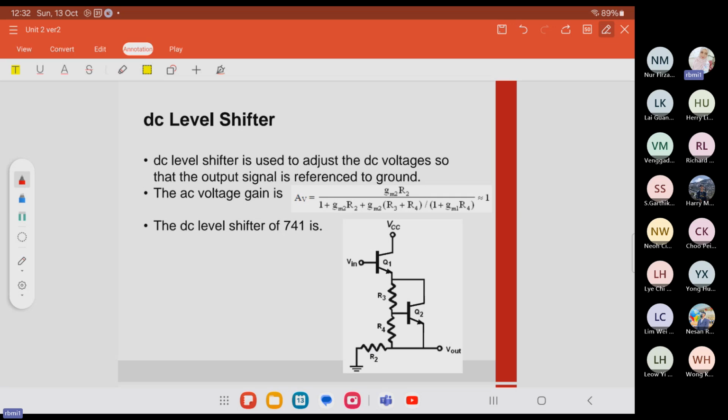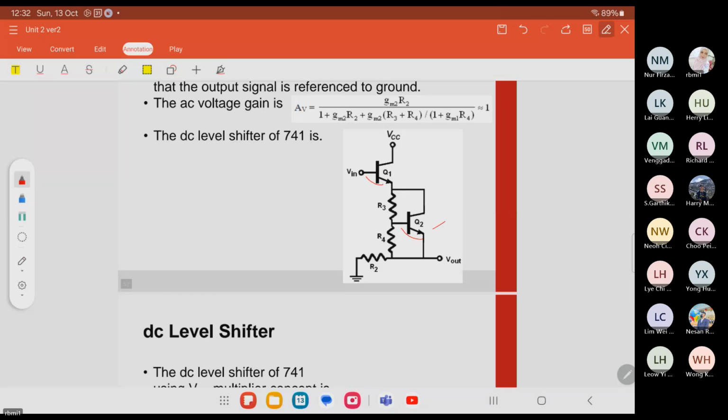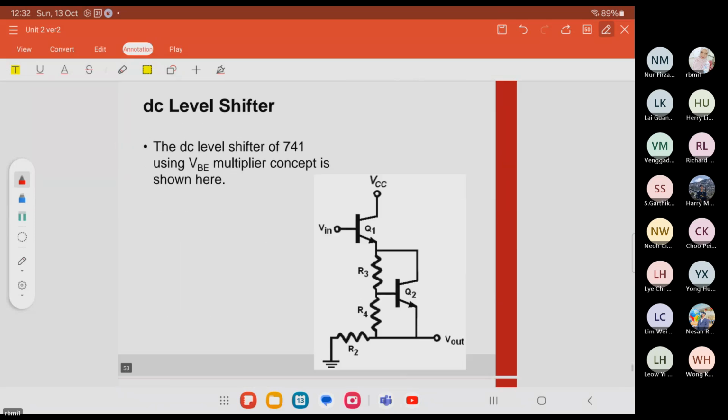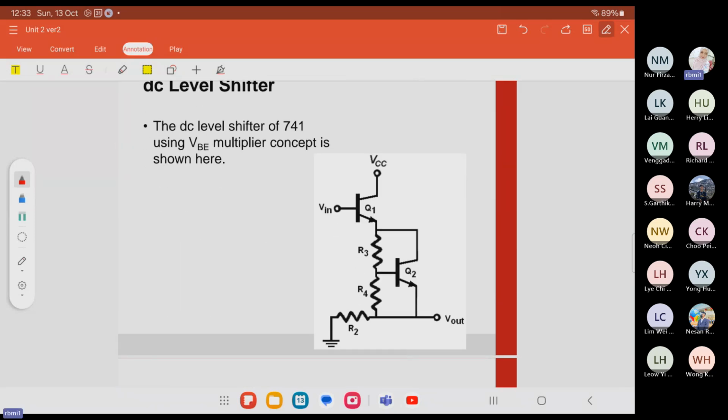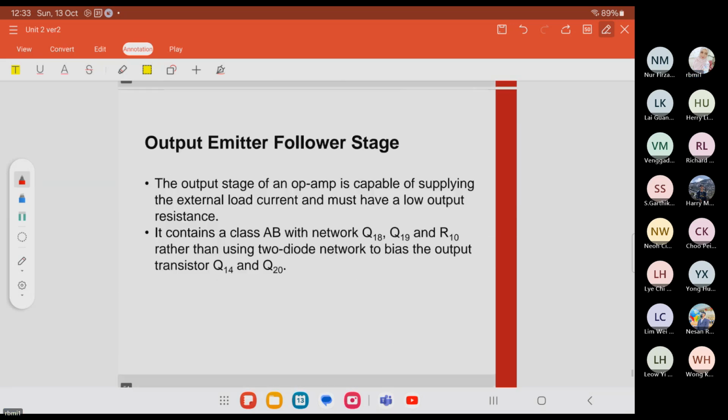The DC level shifter utilizes the VBE multiplier, with Q1 and Q2 and the VBE here. This is the VBE multiplier concept, the same as this one here.